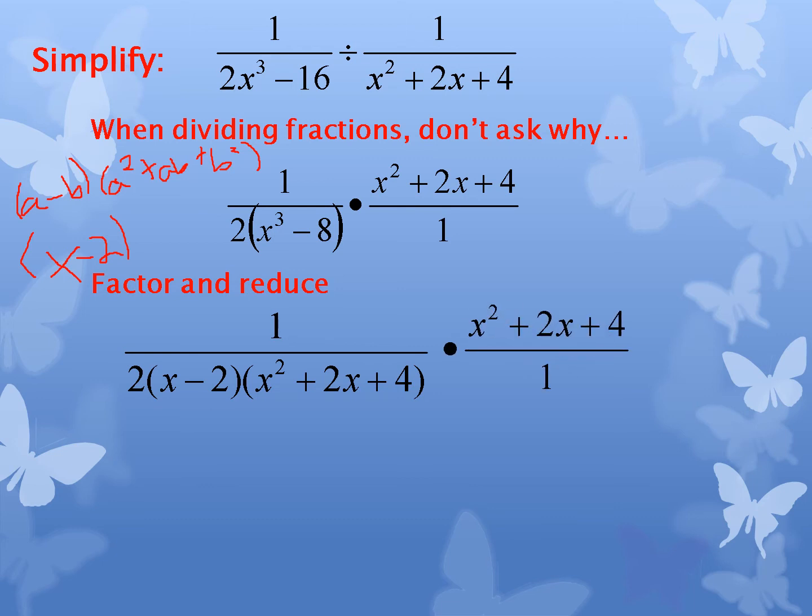Now let's talk about x squared plus 2x plus 4. Well, first of all, nothing multiplies to make 4 that also adds to make 2. So that's not possible. But remember what we told you when you're factoring sum and difference of cubes? The trinomial part of the rule will never, ever factor. If it does factor, you've done something wrong.